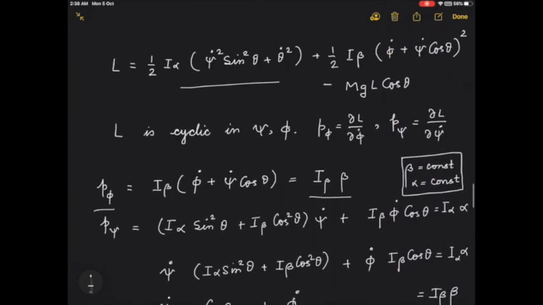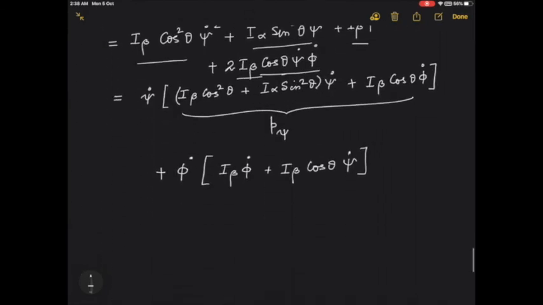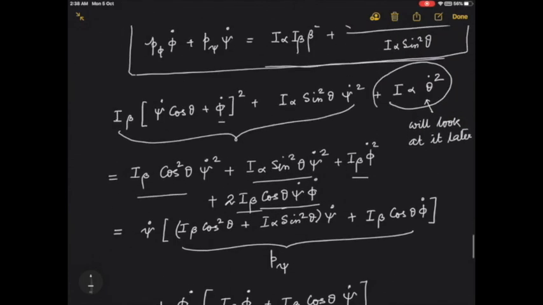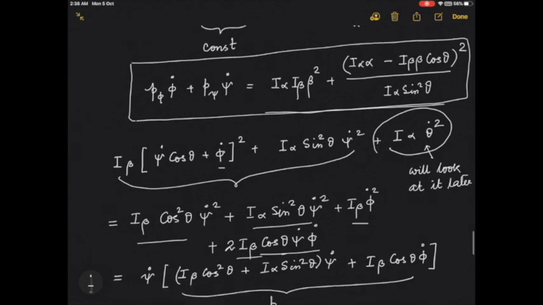What is that? So that is p phi. So you realize that this entire thing is nothing but p phi phi dot plus p psi psi dot.